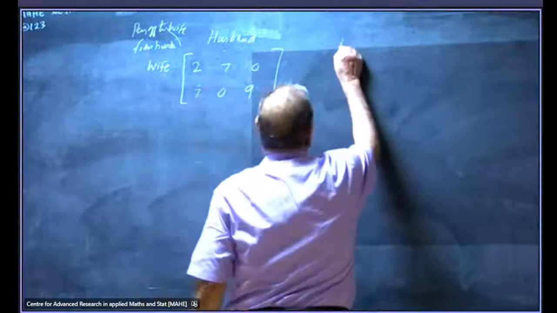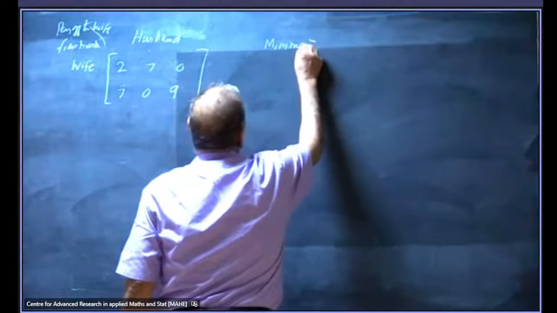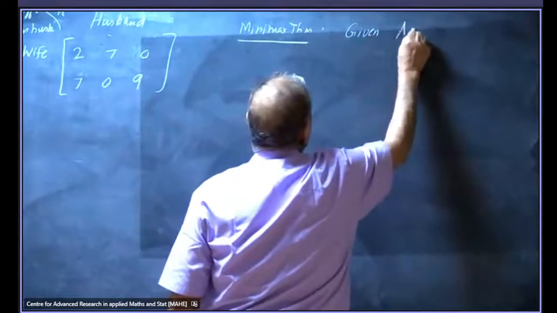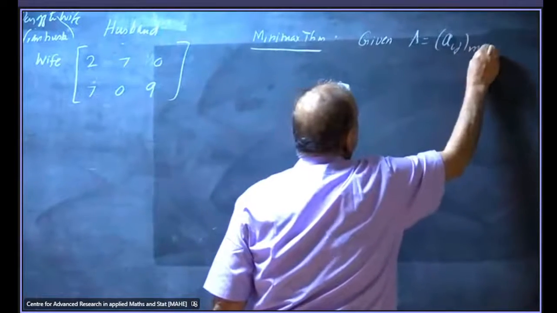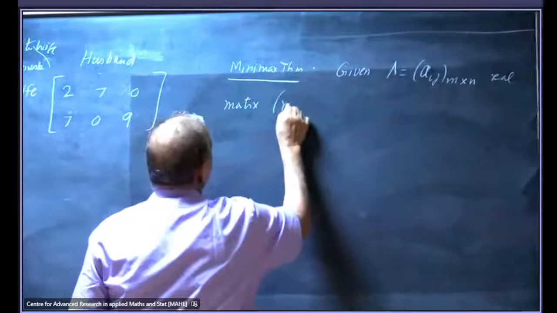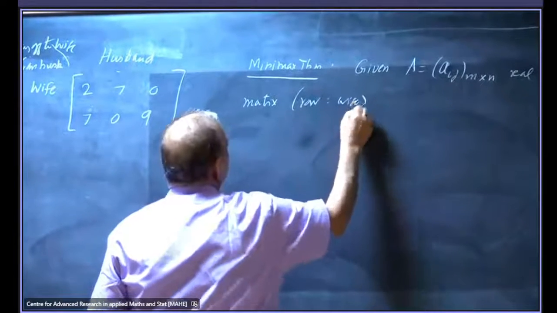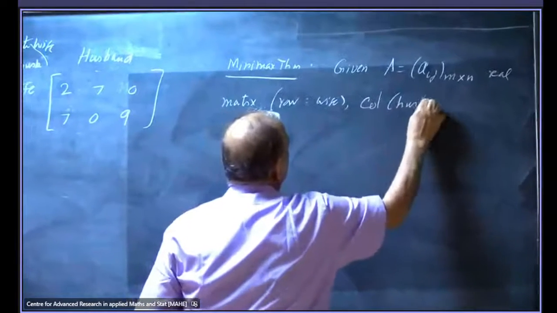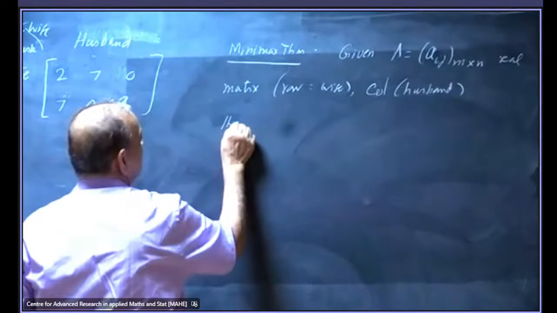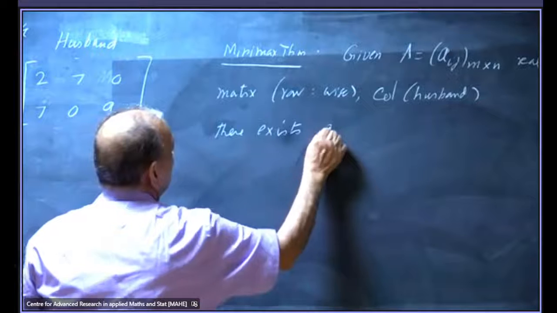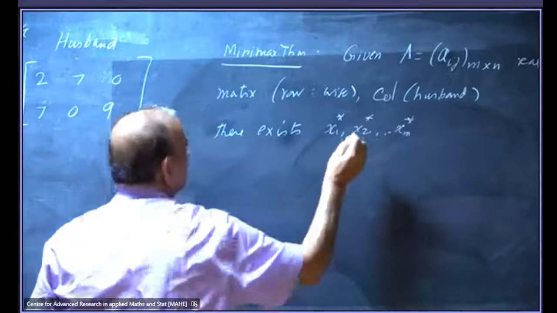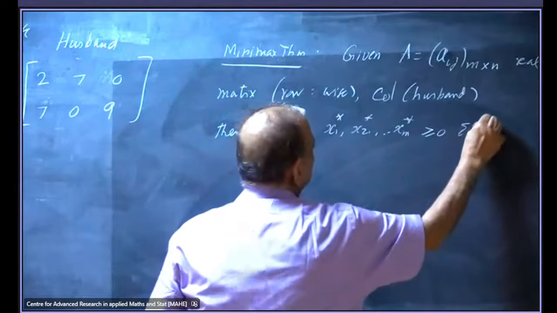Given A equals aij, an m by n matrix, where the rows belong to the wife and the columns to the husband, there exists x1 star, x2 star, up to xn star, non-negative, with the sum of all the xi star equal to 1.